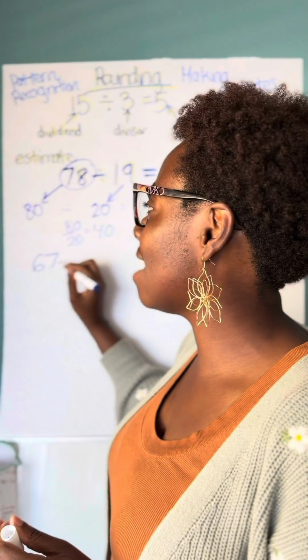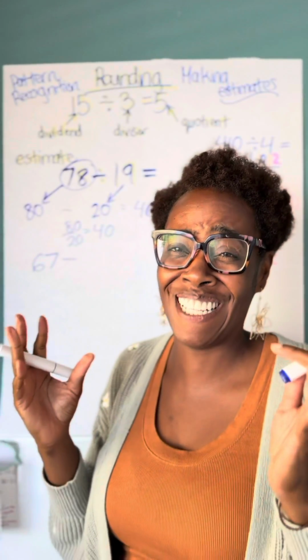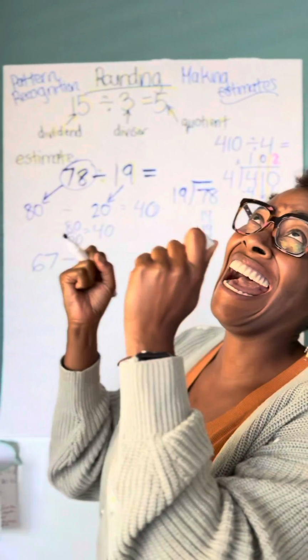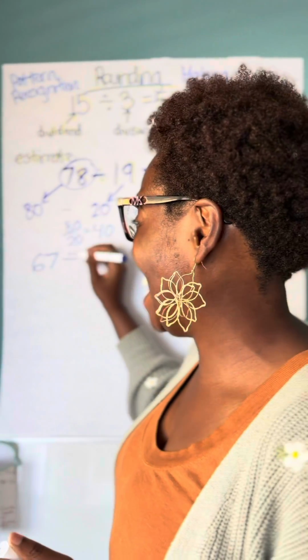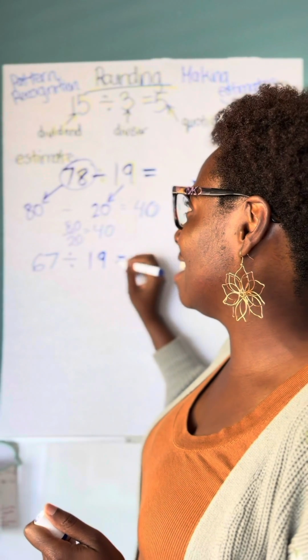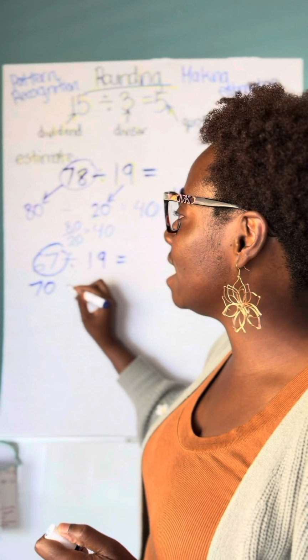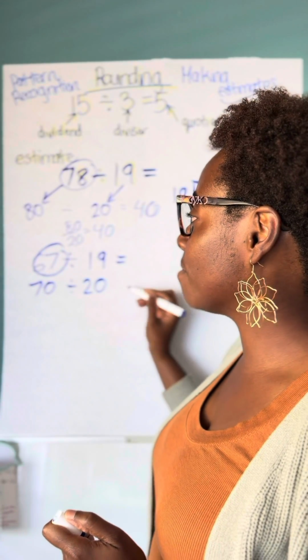You can do 67. Oh, I work in the school and they were saying 67 all day. You can have 67 divided by 19. Okay, I got 19 again. What would this be? This would be 70 divided by 20.